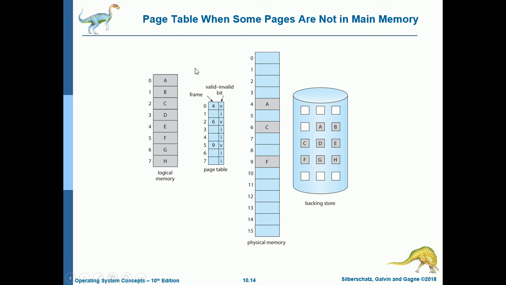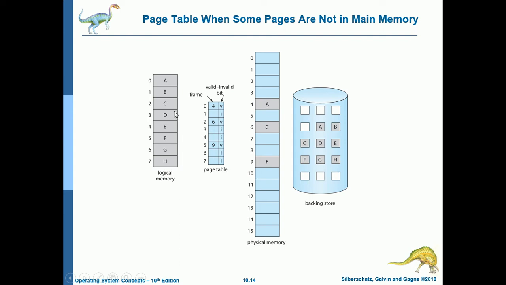For example, we have logical memory. This is page 0, which contains A, and it is in frame number 4, so it's already in memory.